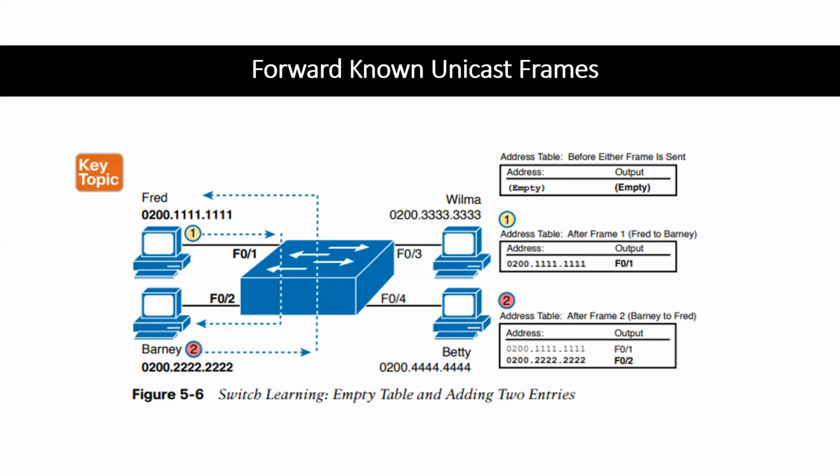Now the MAC address table has populated, and the switch knows where Barney is and where Fred is. When Barney sends that back to Fred, the switch automatically knows because it's logged in the MAC address table. Boom, I know where Fred lives. I don't need to send a broadcast to all ports because I know where he exists.